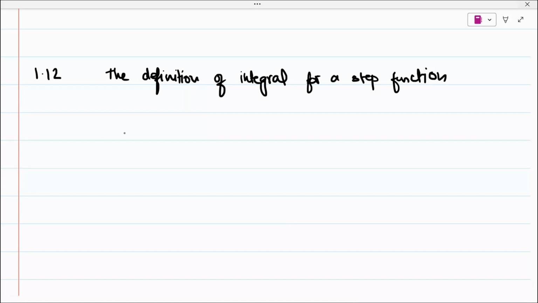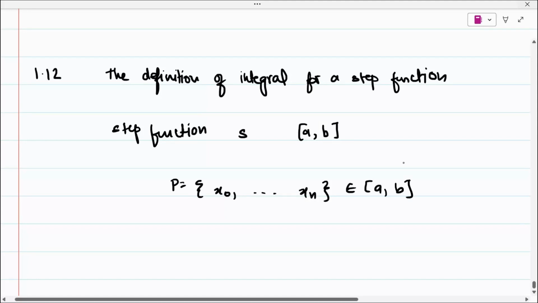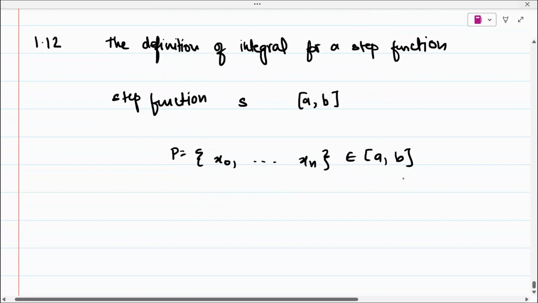So let's go a little bit analytically. Say there's a step function S and its domain may be [a, b]. And there's a partition such that it has n partitions, which will partition this interval of a and b.